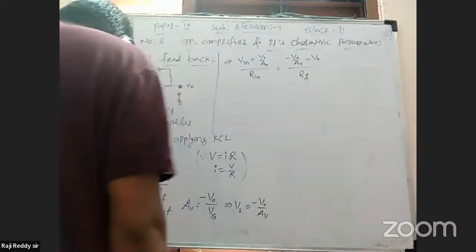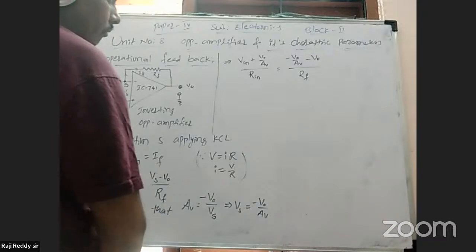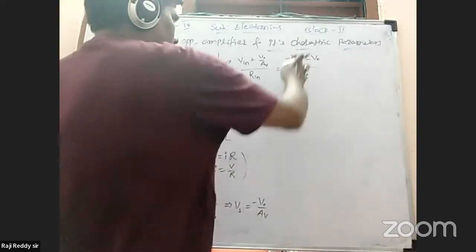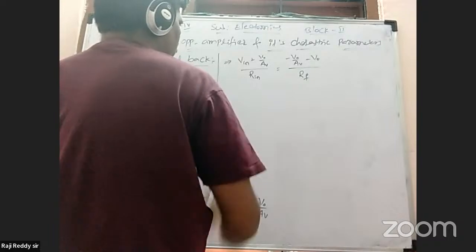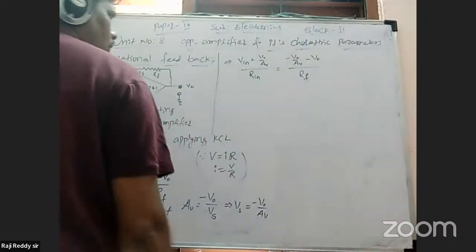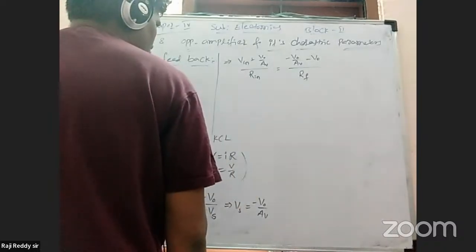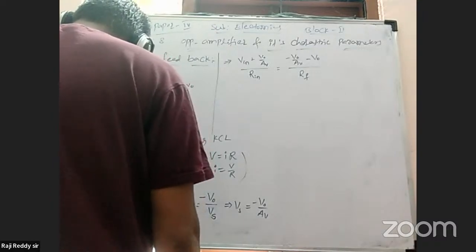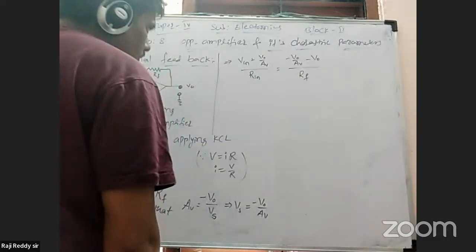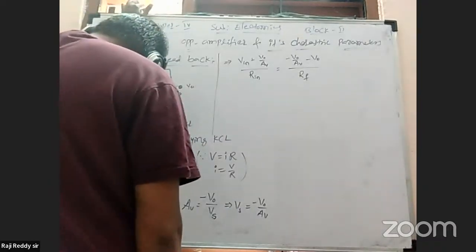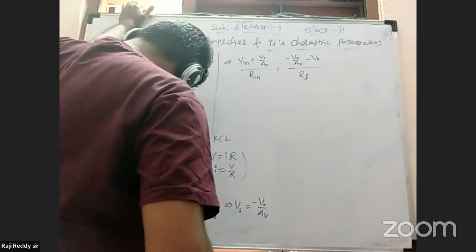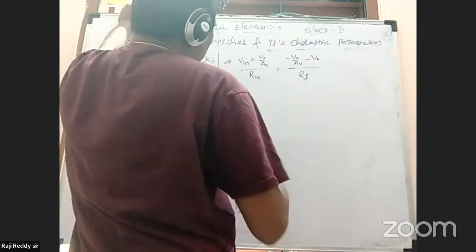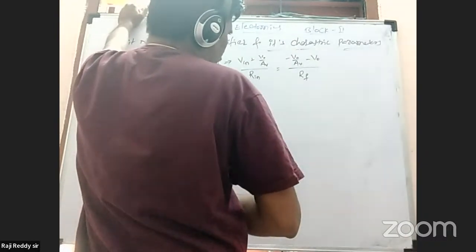From that you can say V naught equals something. Better do the cross multiplication. V naught is common.